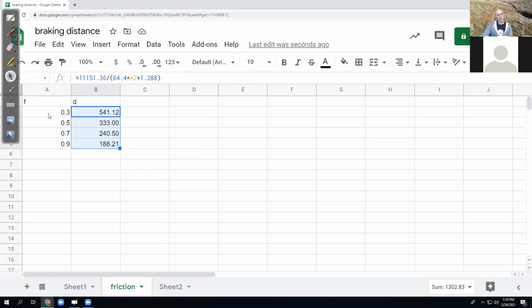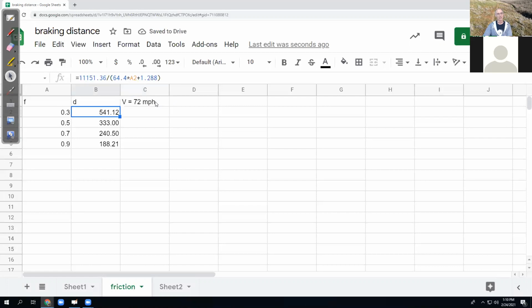For slick conditions, 0.3 at 72 miles per hour. So I should make a note of that. 72 miles per hour. And usually I don't type that all in one cell, but I'm not using it for a calculation. It's just a reference for me to think about this. So we're moving really fast. It's slick.